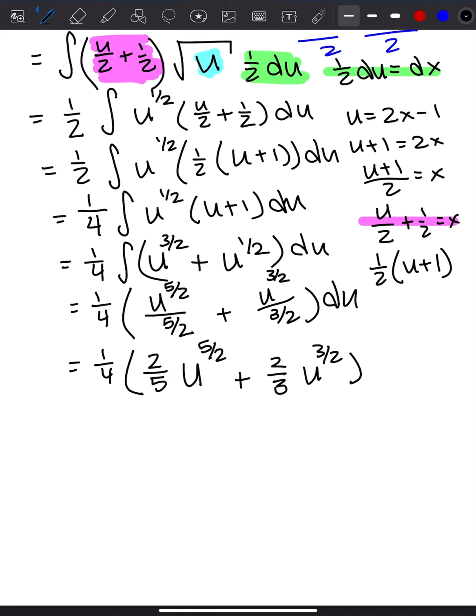And we are going to add our C. So I'm going to multiply these together. We have 1/4 times 2/5. That's 2/20 or 1/10. 1/4 times 2/3. That's 2/12, so 1/6.